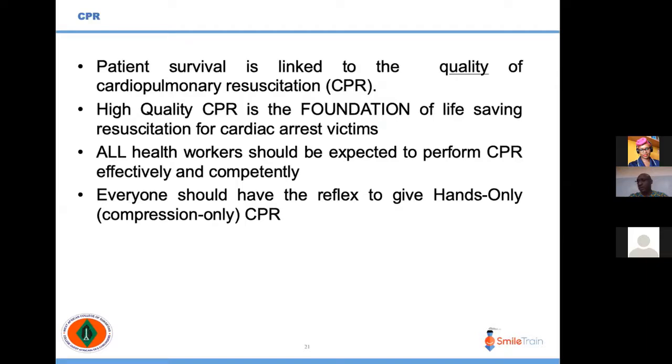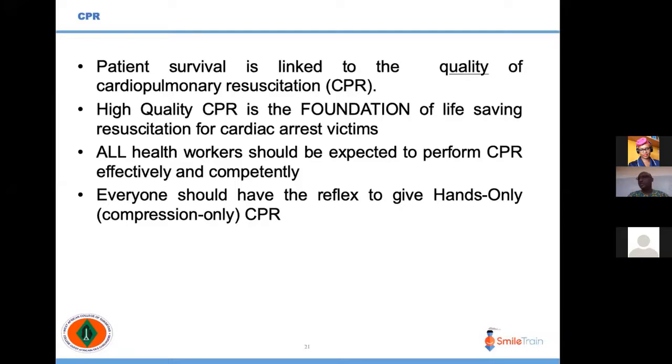All health workers should be expected to perform CPR effectively and competently. Everyone should have the reflex, even to give hands-only compressions. Hands-only compressions, that is CPR without rescue breaths or breathing.